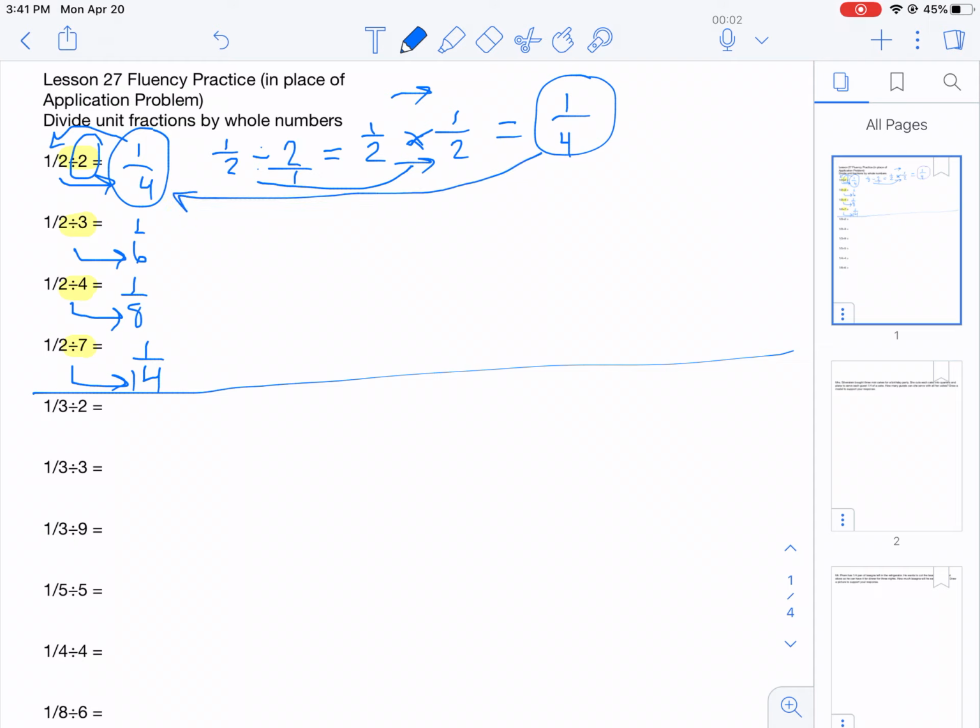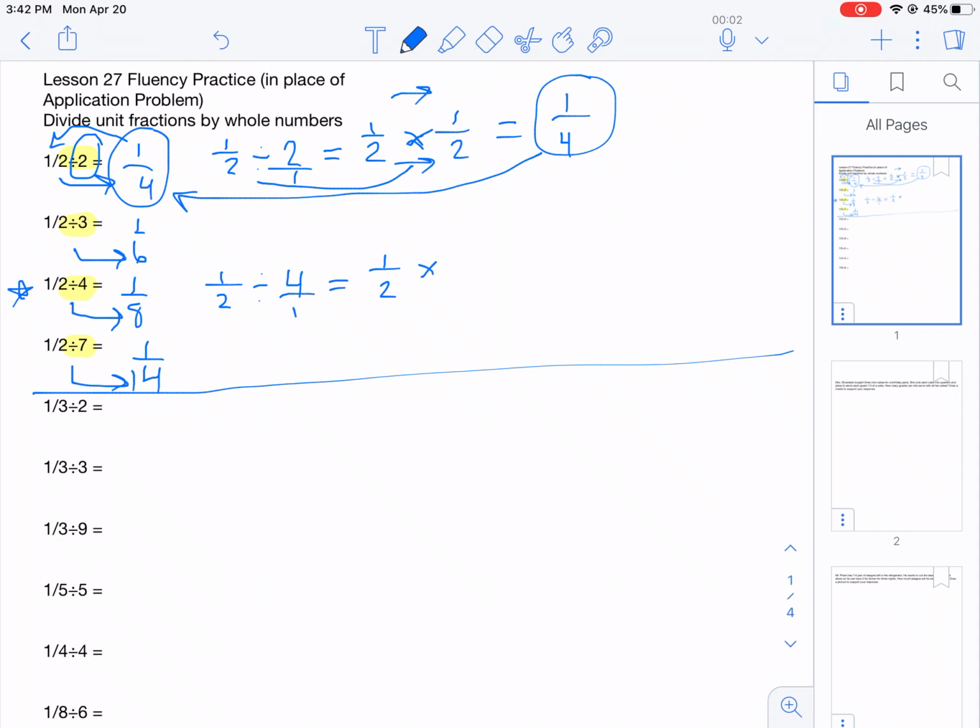You're going to use this strategy as you solve the rest of them. Let's move down to this one right here. 1/2 divided by 4. I'm going to write it here. 1/2 divided by 4 is the same thing as 1/2 times, changing that division sign to a multiplication sign, the reciprocal of the whole number 4.